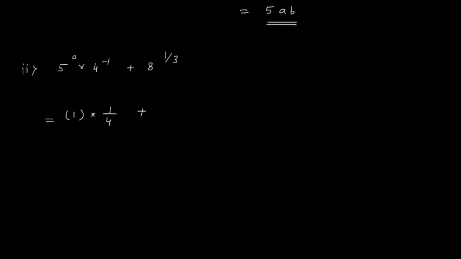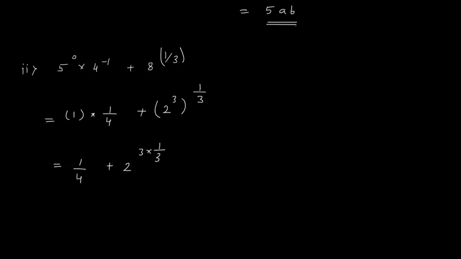So the power is in fraction. So better this 8 I will write as 2 power 3. So it is 2 power 3 the whole power 1 upon 3. So this becomes 1 upon 4 plus this is 2 power 3 into 1 upon 3.